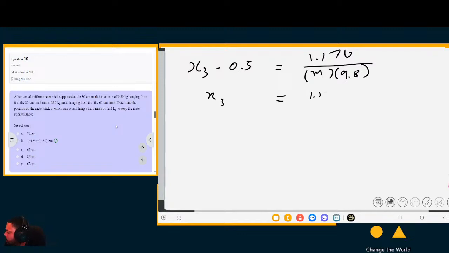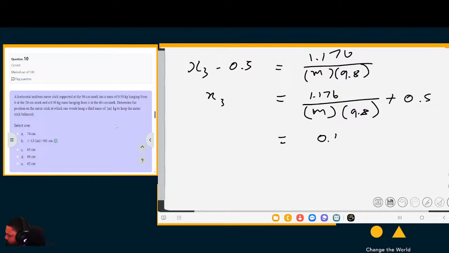It'll be 1.176 over m times 9.8 plus 0.5. If we continue to calculate, that divided by 9.8 is just 0.12 over m, plus 0.5.